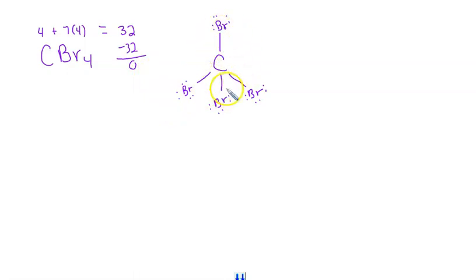I would look on here and I would say, okay, does it need any double bonds? If I'm drawing 4 bonds off of carbon, it will never need double bonds. So this doesn't need a double bond. And so this is what I call a 4-0. So 4 bonds in clouds, none of them are lone pair clouds.